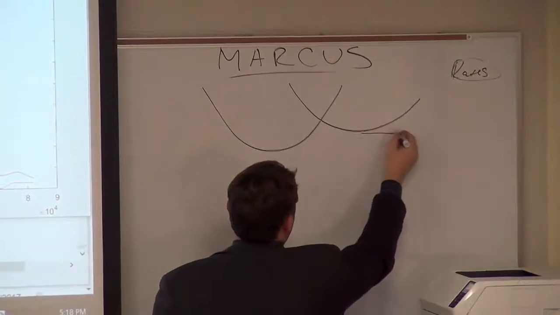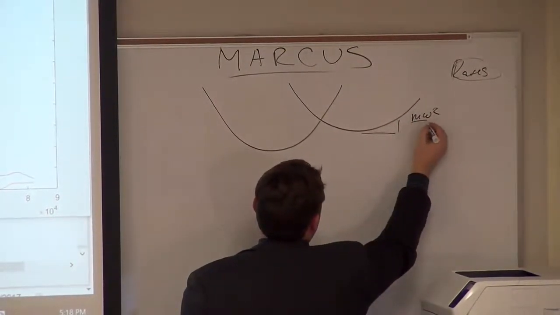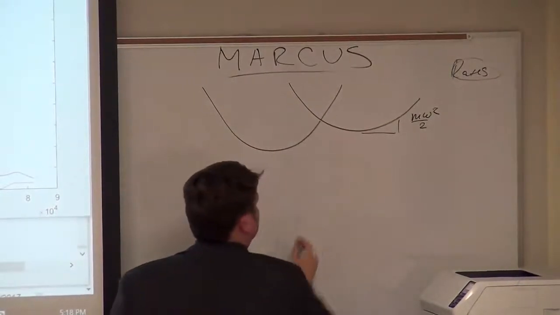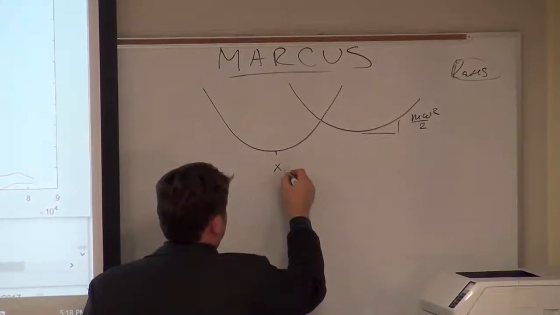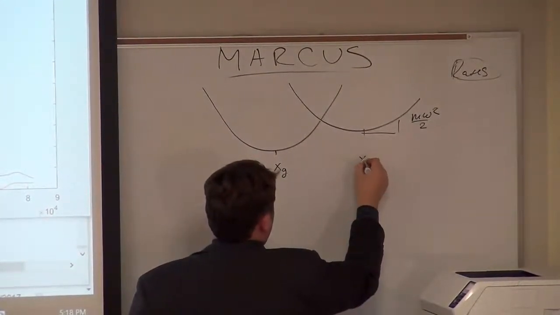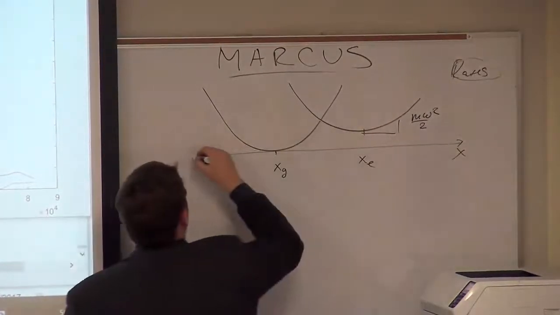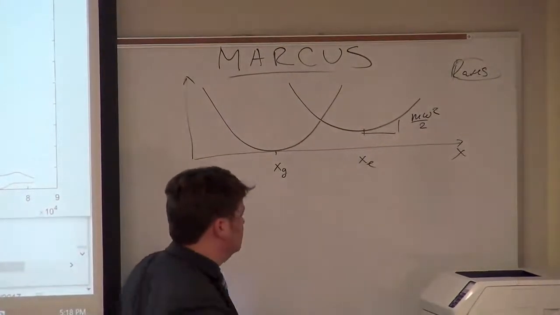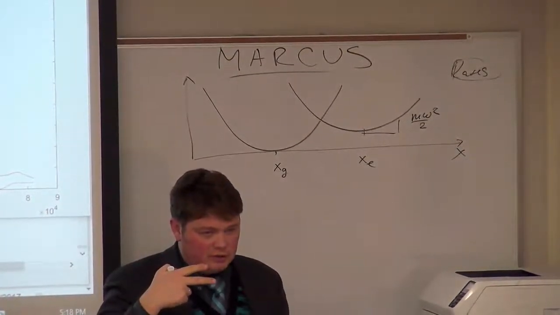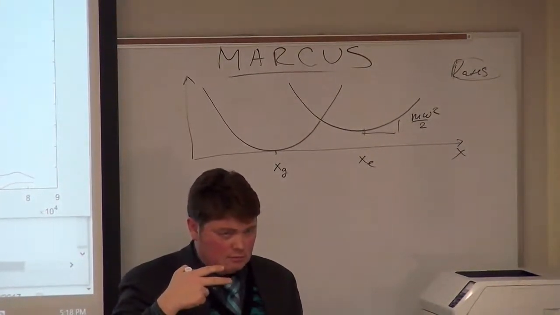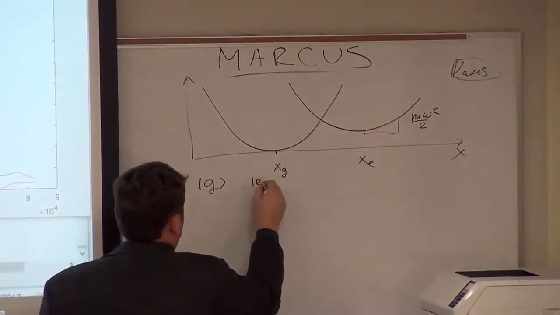Which will be characterized by curvature and equilibrium position. Ground, excited. And we do have two electronic states. Ground, excited.